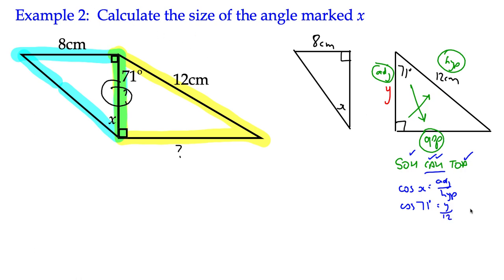We can get rid of the 12 on the bottom of the fraction by multiplying both sides by 12. And so we've got 12 times cos 71 equals y. They cancel out.